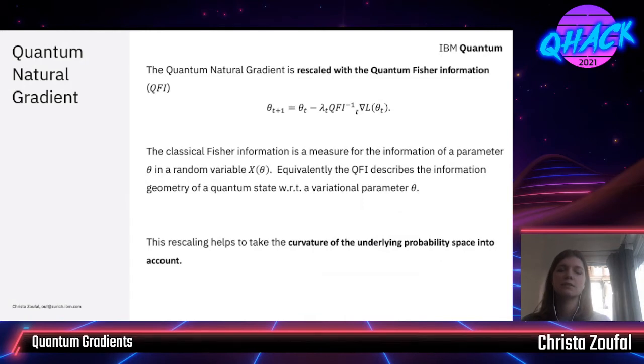And what this means is that we can construct a gradient object which takes into account your problem geometry. So the classical counterpart, the natural gradient, has been used a lot already in machine learning and been found to be quite useful. So it would be a hope in the quantum context that we can also make similar discoveries.